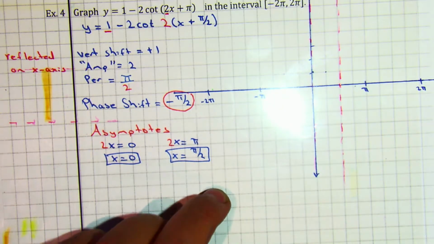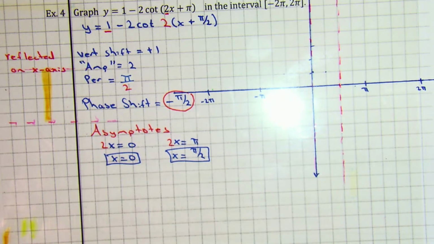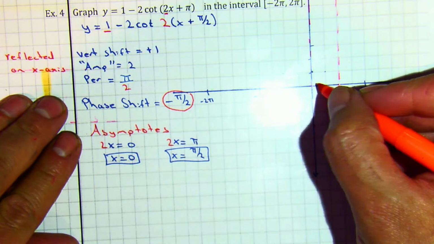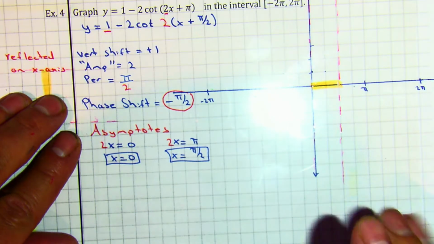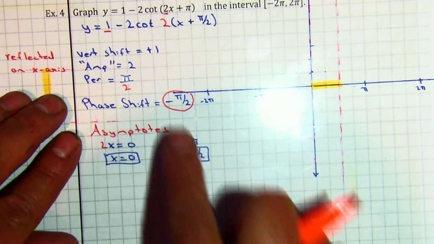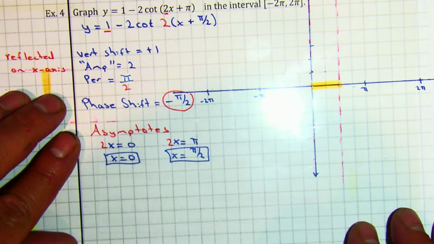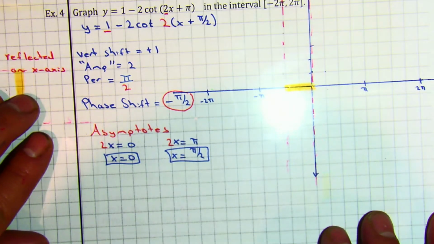But it will be shifted to the left pi over 2, which is 2 squares. So now it'll be over here.